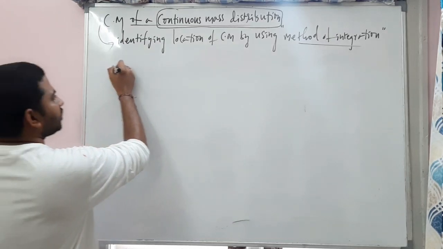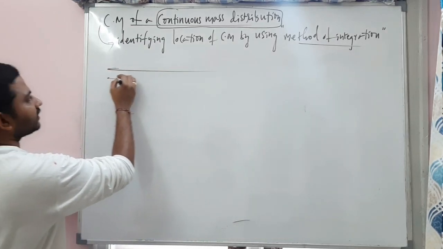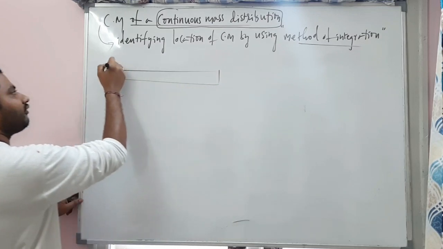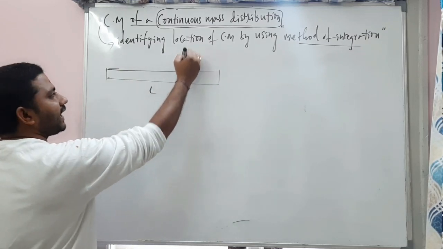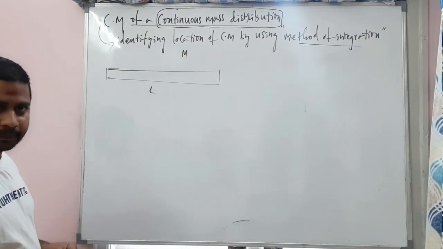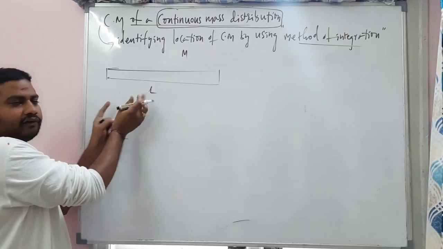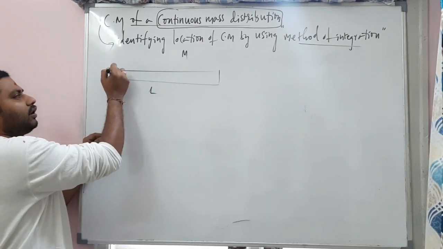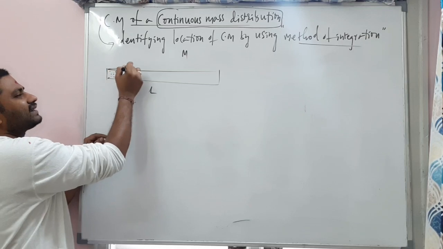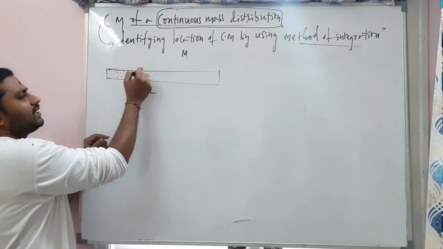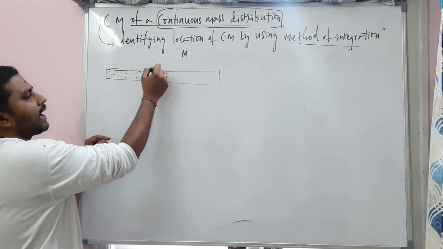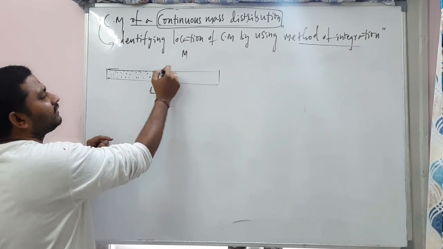Imagine I have considered a uniform rod of length L and mass M. Observe, my dear students. This rod will have n number of individual masses. Will you agree with this?